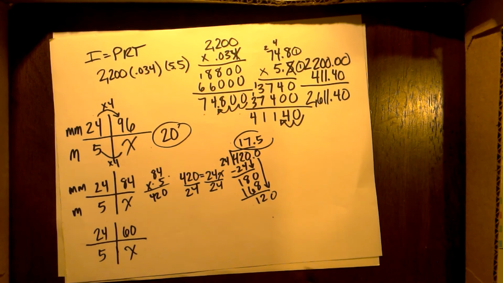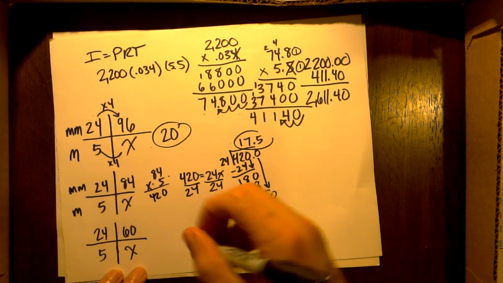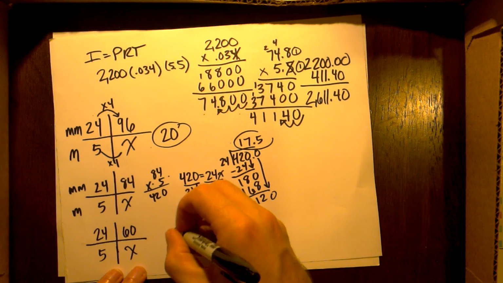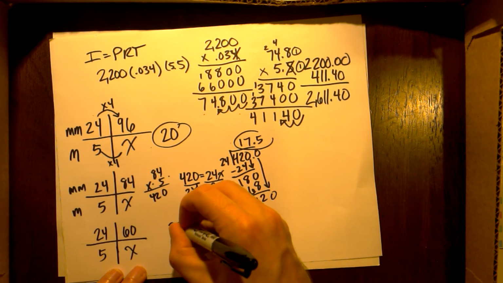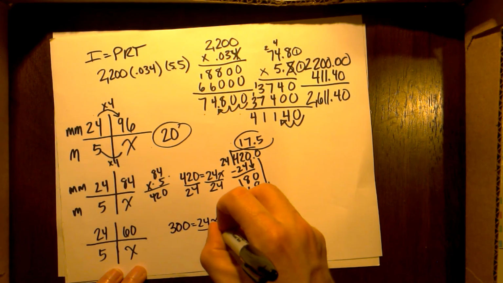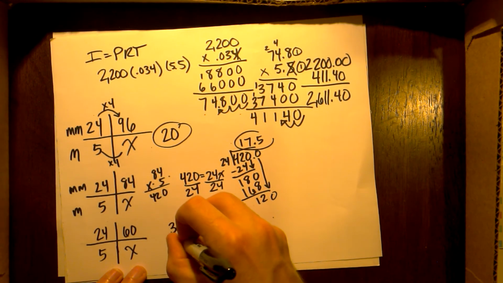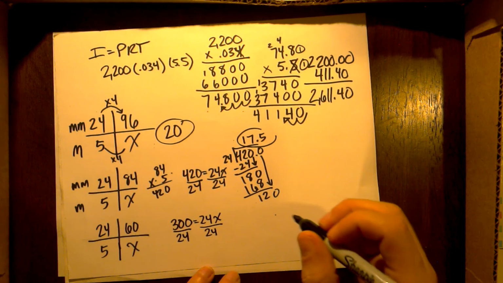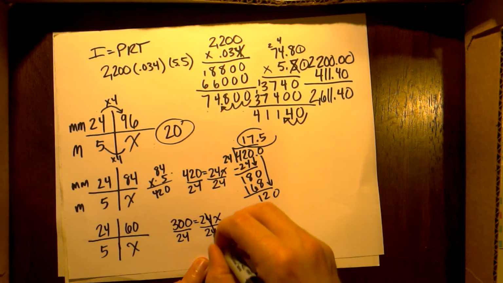The last one, once again, we have to cross multiply. 5 times 6 is 300. So we got 300 equals 24x. Divide by 24, divide by 24. Whew, a lot of work for this one problem, isn't it?